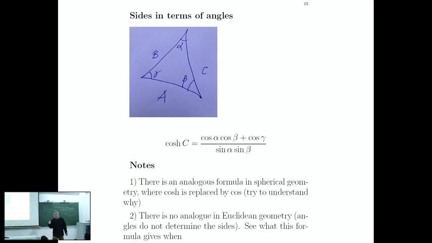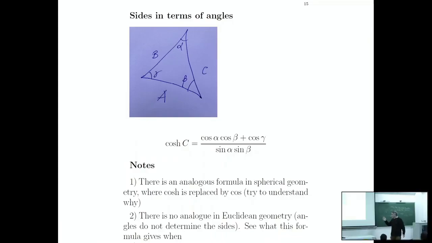From the previous slides, you noticed that there are many formulas in hyperbolic geometry which resemble those of spherical geometry, where you replace the hyperbolic trigonometric functions by the trigonometric functions. So what happens with this formula when I take infinitesimal triangles?